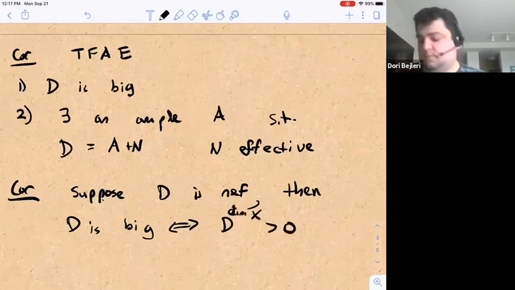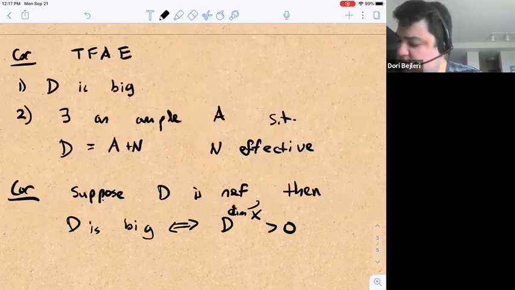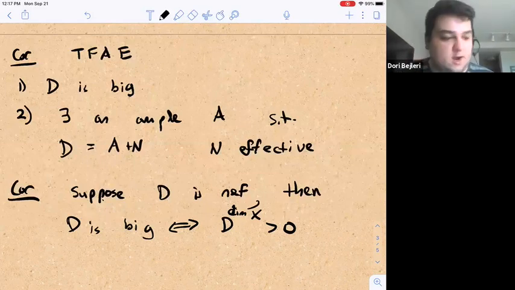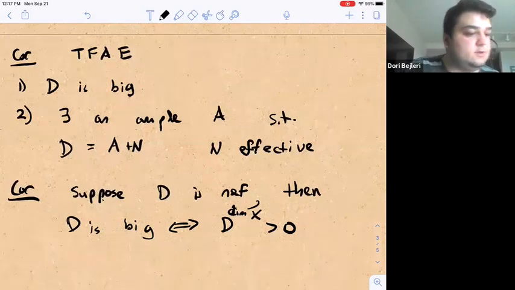So for now, we're only going to work with surfaces, and then I'll review intersections of divisors in higher dimensions a little later for people that haven't seen it. But this statement is essentially Riemann-Roch, or some asymptotic Riemann-Roch in higher dimensions.